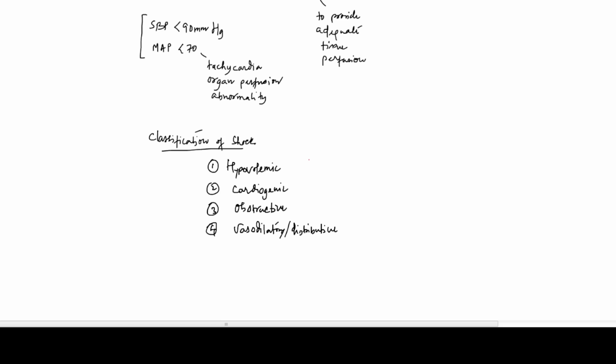So hypovolemic would be a shock that is associated with either blood loss or fluid loss. Okay. So what could be the examples of blood loss? Yes, hemorrhage.